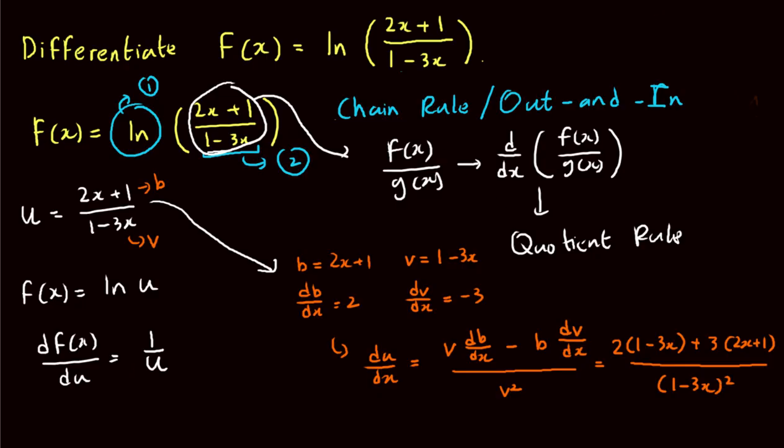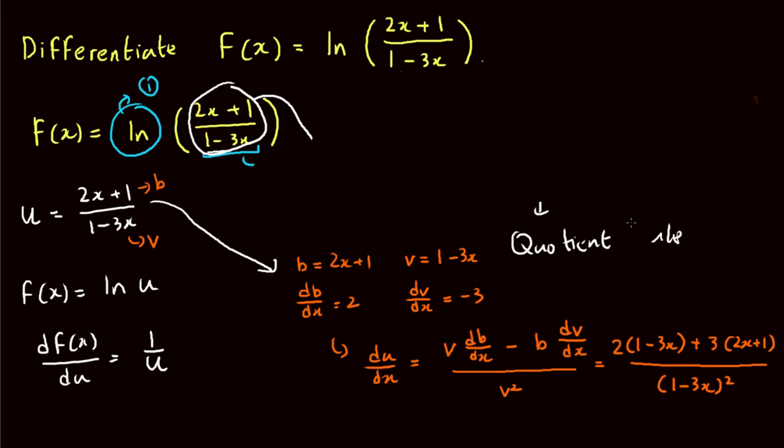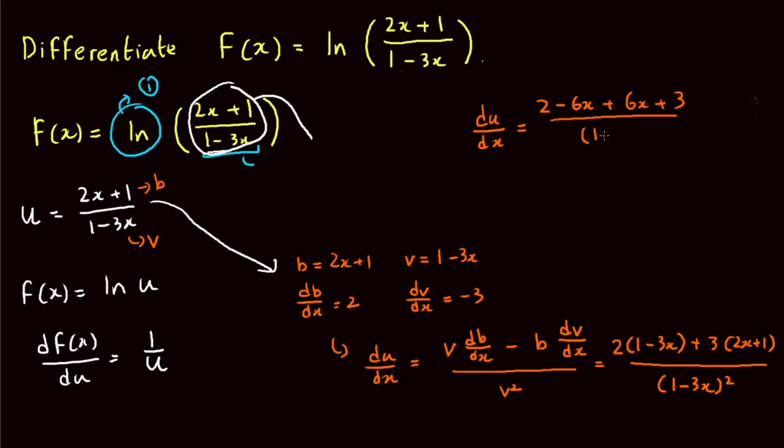Let me erase this first, I want to clear some space. I want to simplify du/dx, so let me simplify it here. du/dx would be equivalent to 2 - 6x plus 6x + 3, over (1 - 3x) squared.